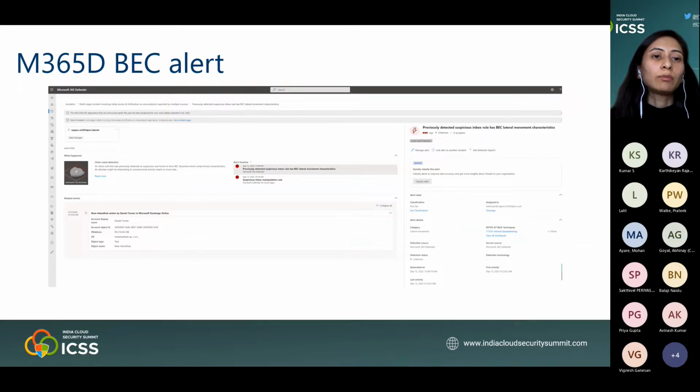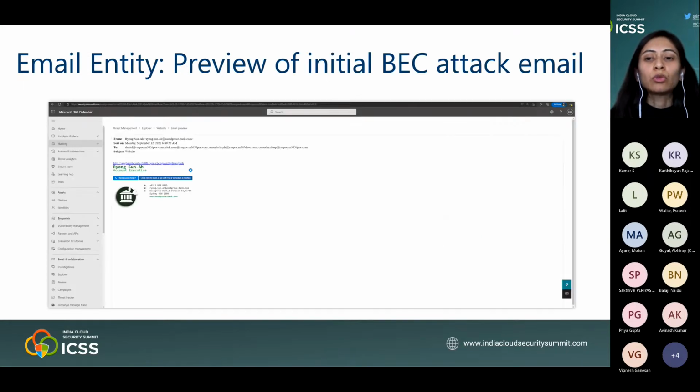And then the M365D alert shows you all the details of all of the information that we've covered. And this is again to show you an example of a preview of the initial attack using the MDO email entity page from within the Explorer.